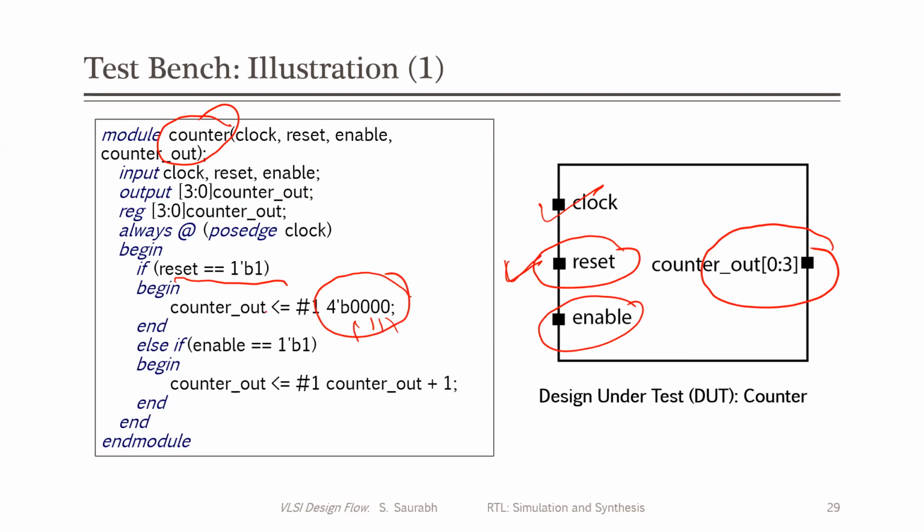Then when reset is equal to 0, meaning it is deasserted, and if enable is made 1, then whatever the count was, it will increment. If it was 0000, it will become 0001. And then on the next clock, everything is put inside the always block, which is triggered by a clock.